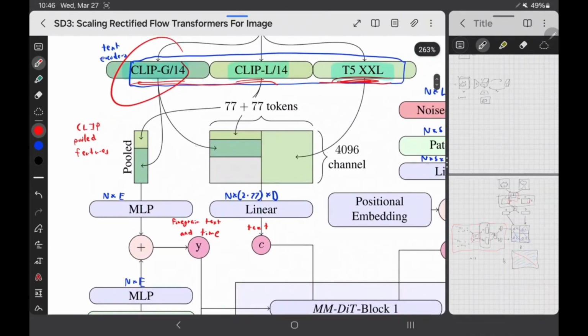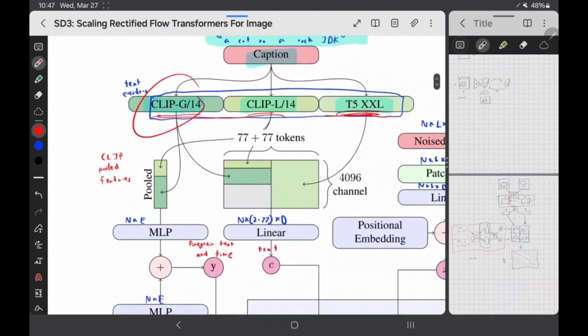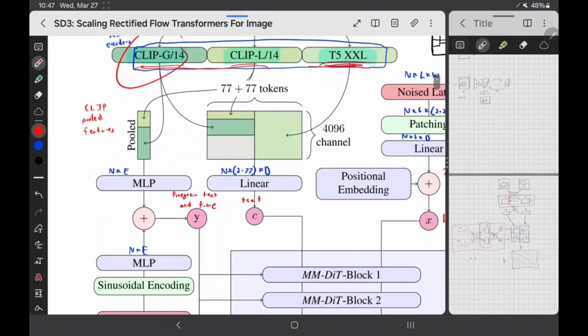And the idea is that this will have fine-grained information, a lot more detailed information, because you have more features, so it's going to hold a lot more information. The pooled has a lot less information, but it still carries information about the text. So this is more lightweight information, while this is heavy, fine-grained information.